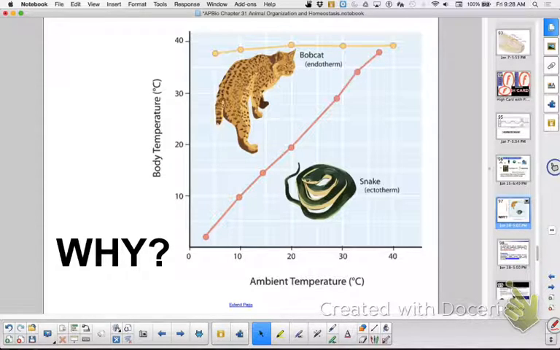Slate, riddle me this. Bobcat is in yellow, snake line is in red. Talk about it. Okay, so which one are we?